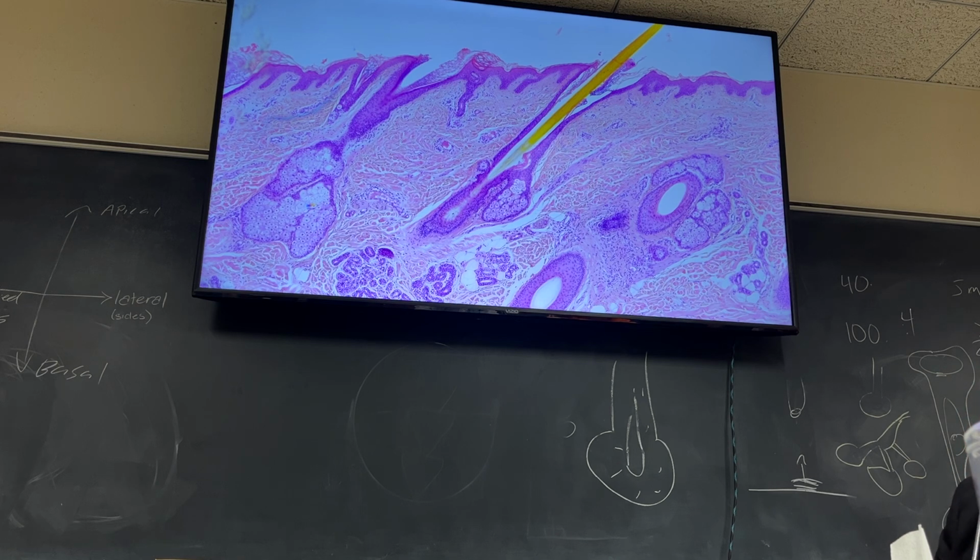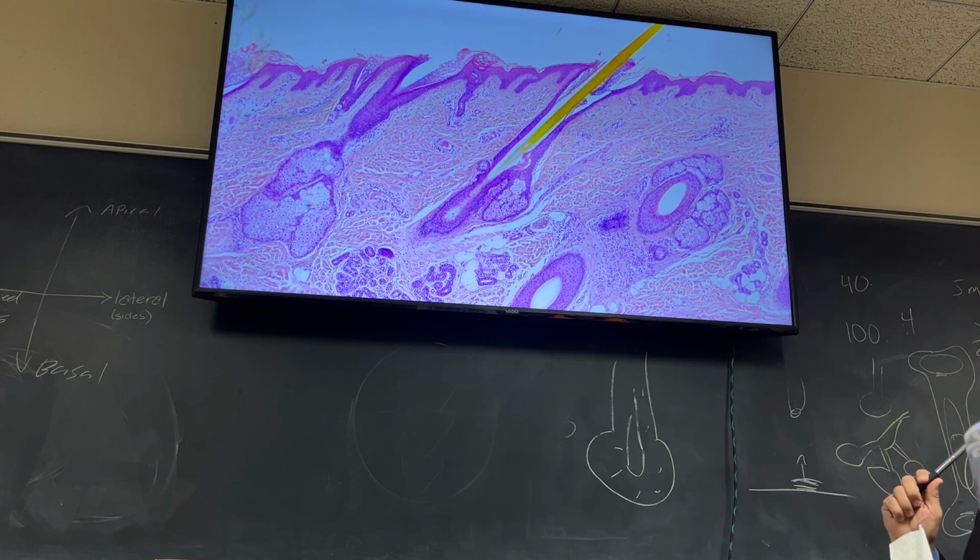So where's one of those? Anybody see one? It's made of smooth muscle, right? Anybody see one? Yes? To the right of the middle sebaceous gland, is that it? I can see one, two. You can see at least two of them.